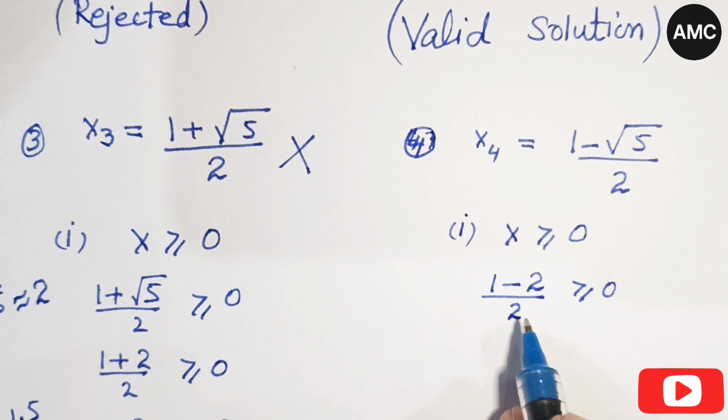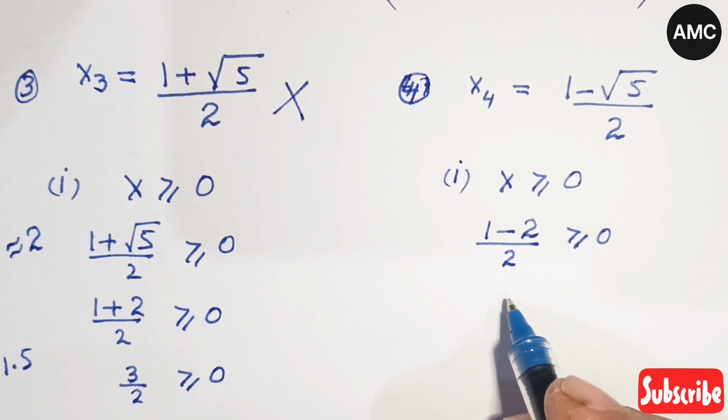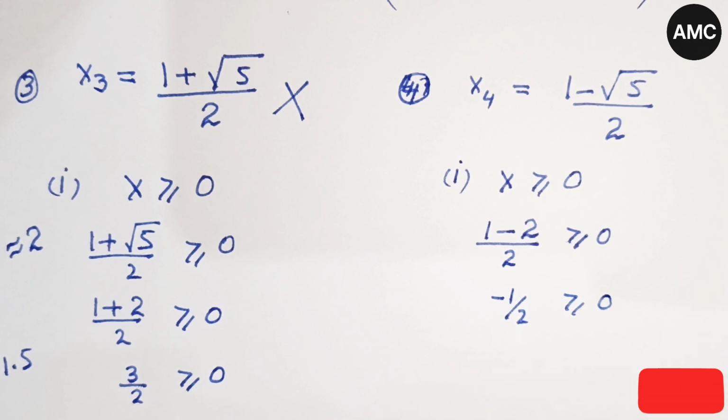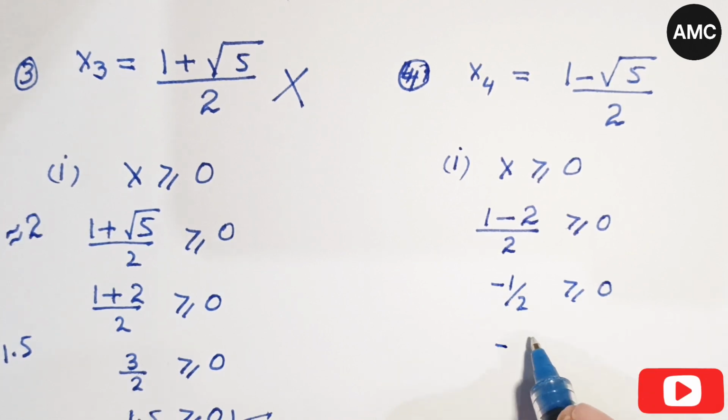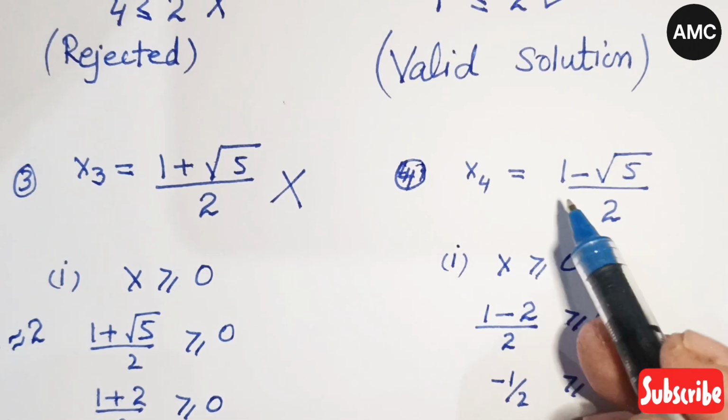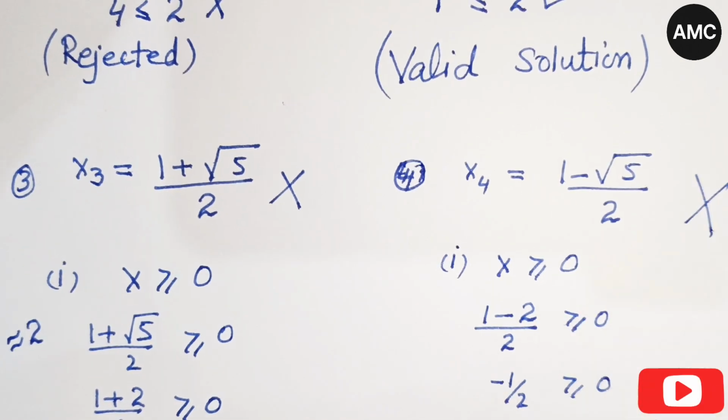So here we get minus 1 over 2, which is minus 0.5, greater than or equal to 0. We see that minus 0.5 is less than 0, so it is rejected. Hence we do not need to check the second condition; the result is rejected. So the value of x4 is rejected here.